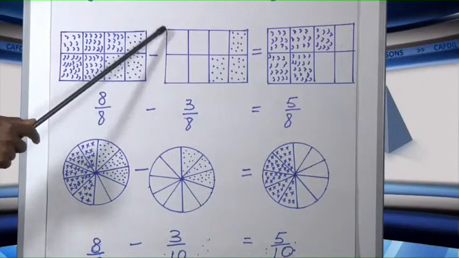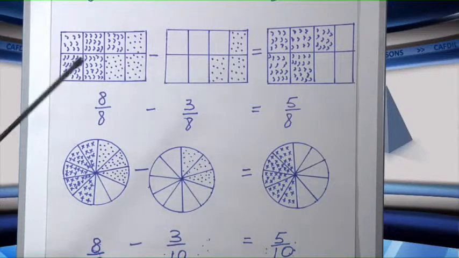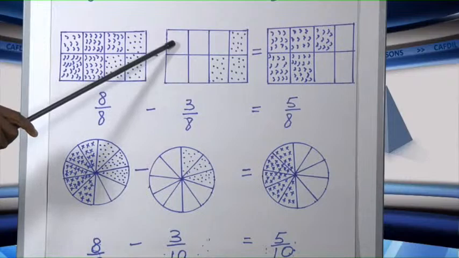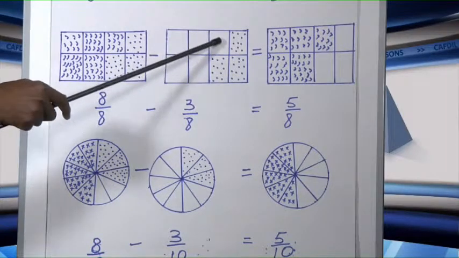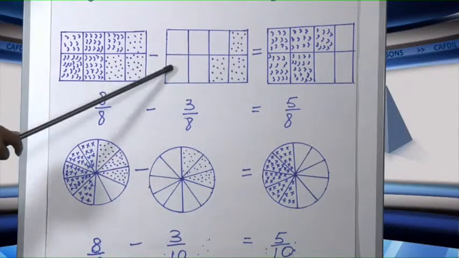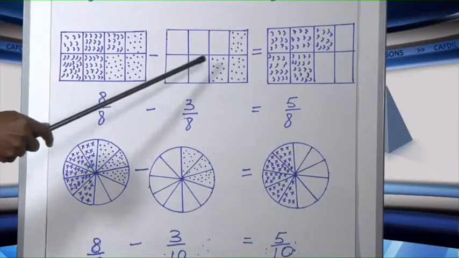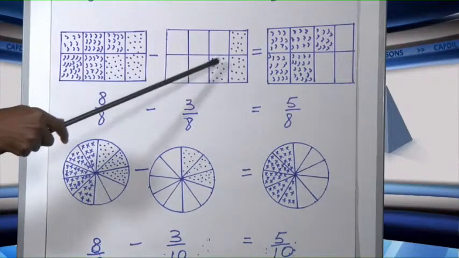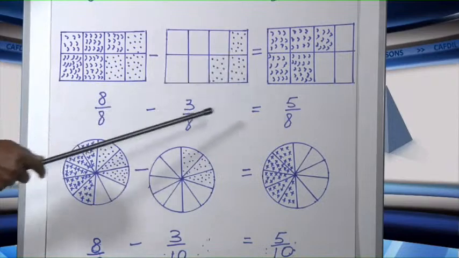Let's come to this rectangle. How many parts do we have in all? Let us count. 1, 2, 3, 4, 5, 6, 7, 8. How many parts in all? 8.